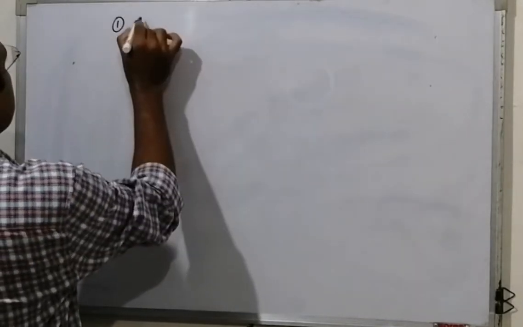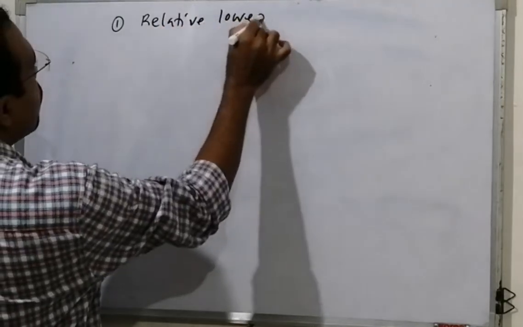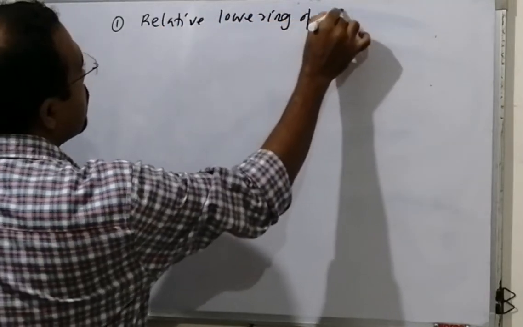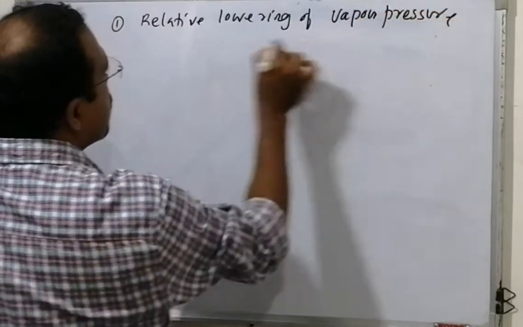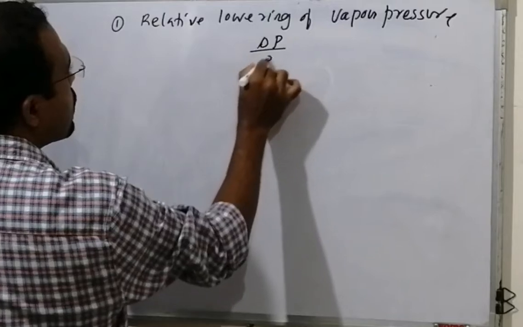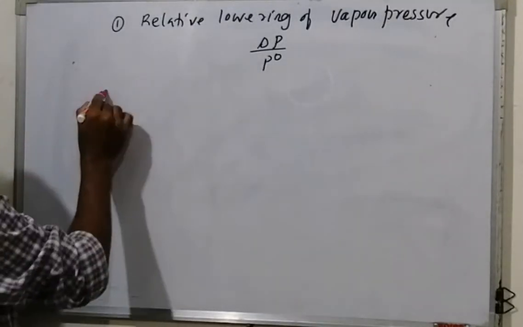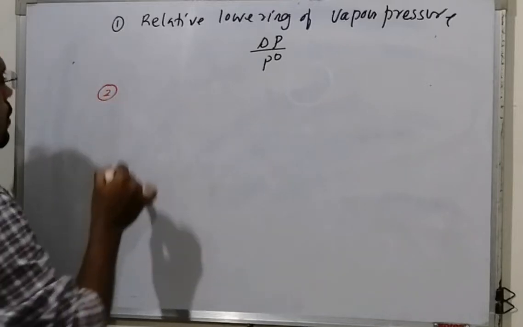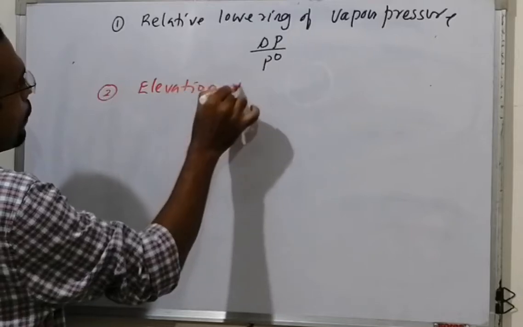Okay, what are the colligative properties? There are 4 colligative properties. One is relative lowering of vapor pressure, that is delta P divided by P0. Second is elevation in boiling point.